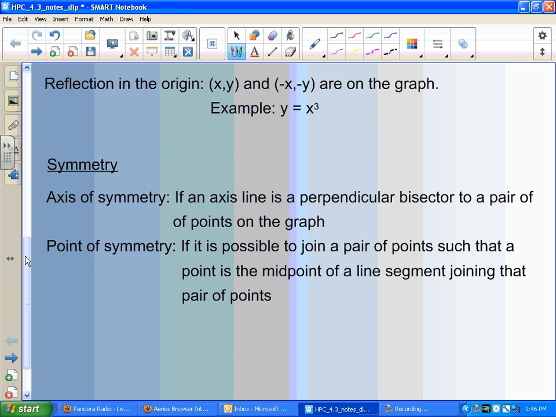Circles, yeah, circles. Other ones? They're in the same family. Conic family. A sphere is a volume thing. That's true. It is symmetrical around a point. An ellipse would also be symmetrical around a point. All right.